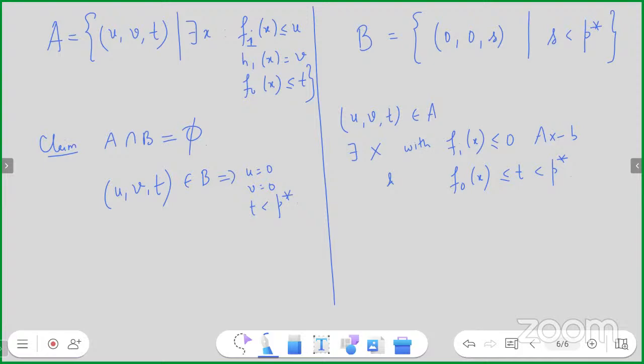And somehow it's smaller than P star, which by definition cannot be.